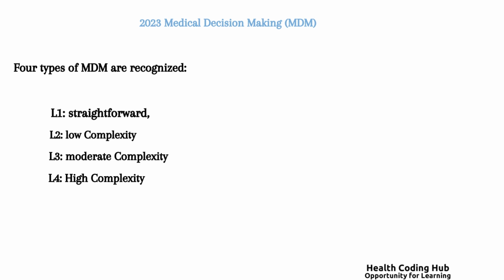Four types of medical decision making are recognized: level 1, straightforward; level 2, low complexity; level 3, moderate complexity; level 4, high complexity. The concept of MDM level does not apply to 99211 and 99281.